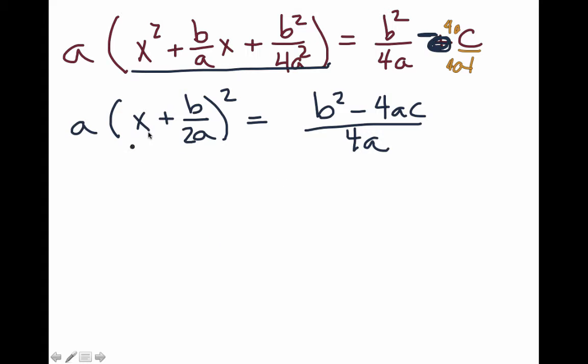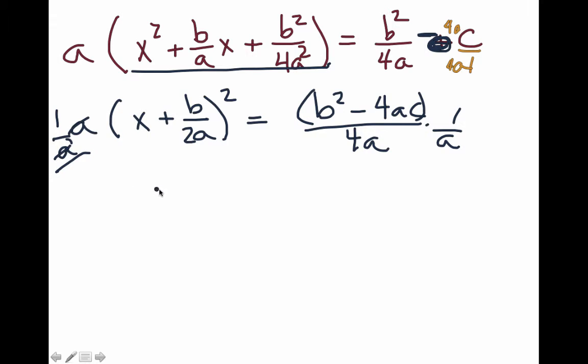Okay, now we solve. We're trying to solve for x. I need to get rid of this number a, so I multiply by 1 over a. No, those can't cancel because I have to do this math first. So I end up getting these a's canceling.